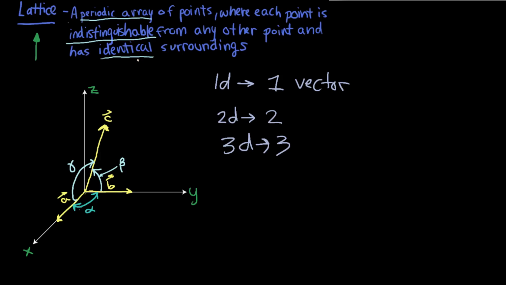So we have alpha as the angle between A and B, beta as the angle between B and C, and gamma as the angle between A and C.